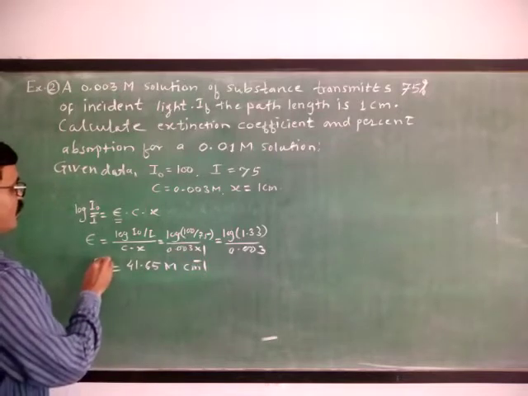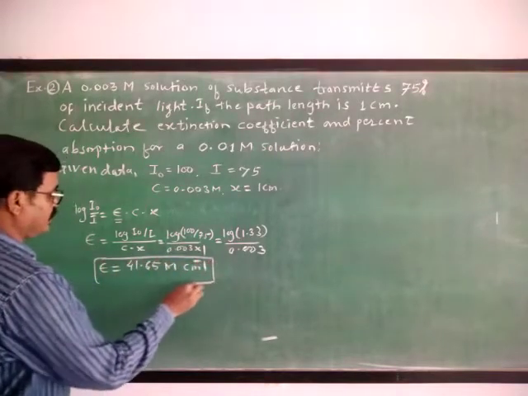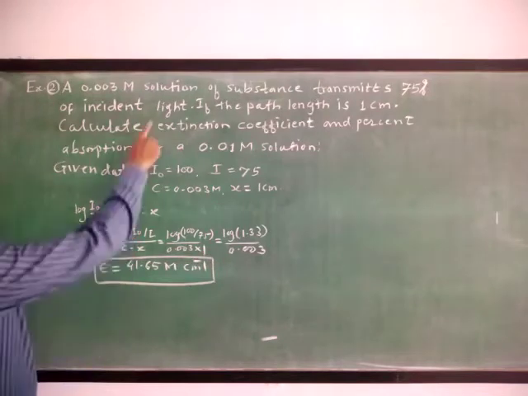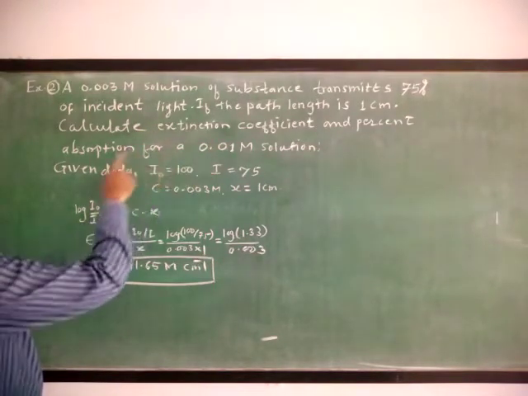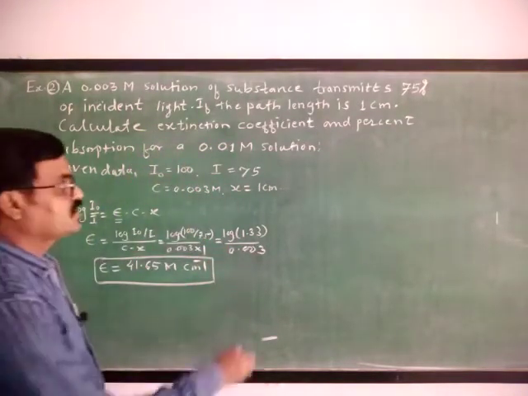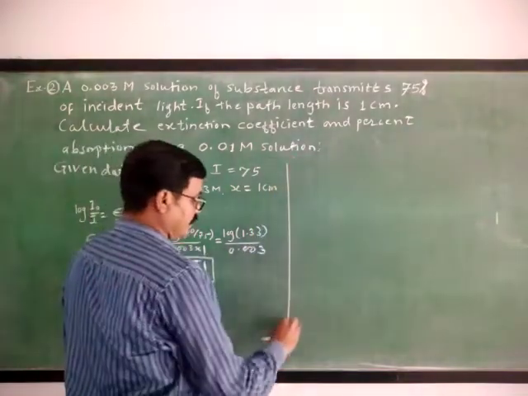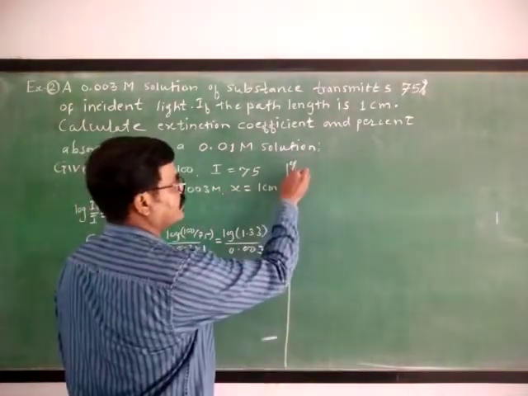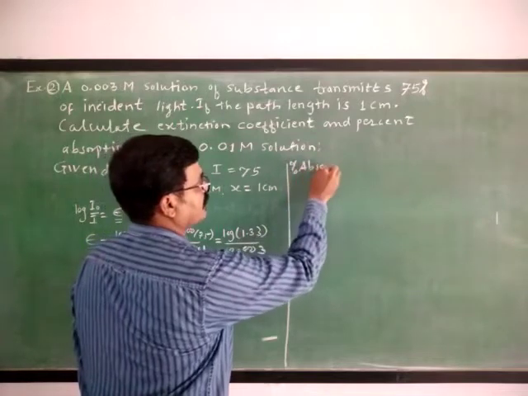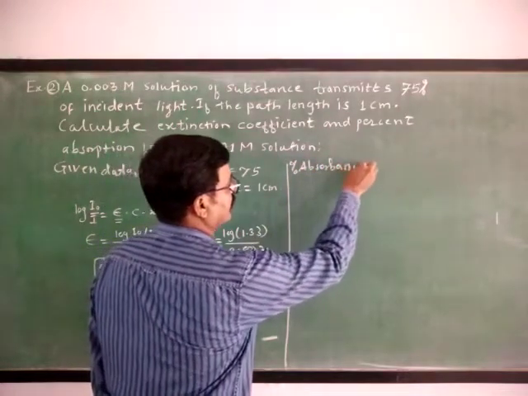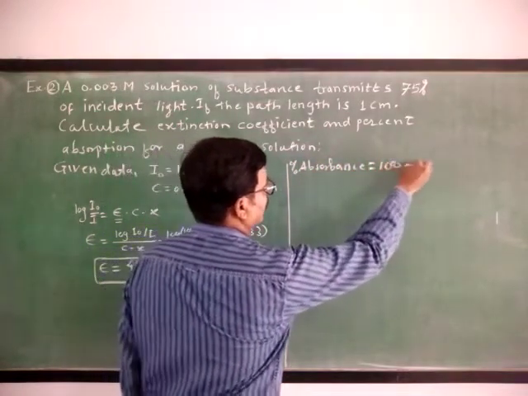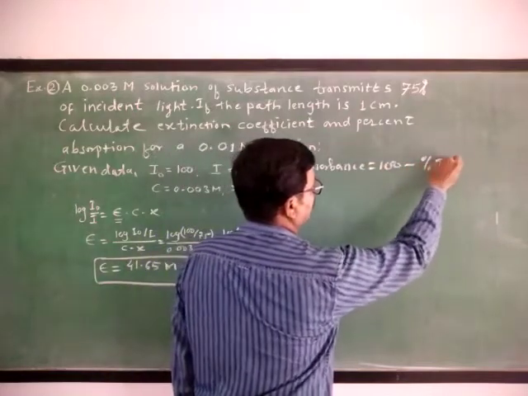Now you have the value of the molar extinction coefficient. Now calculate the percent absorbance. For that you must know one thing: percent absorbance is nothing but 100 minus percent transmittance.